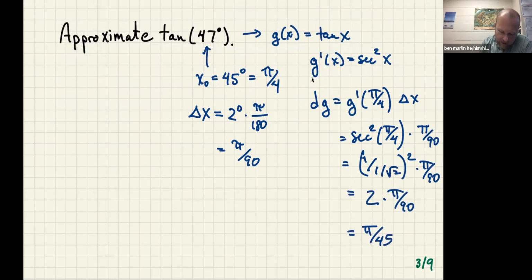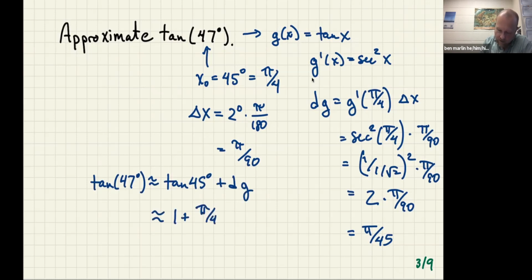But now we say tangent of 47 degrees is approximately the tangent of 45 degrees plus this dg. So the tangent of 45 degrees is 1 plus this pi over 45. And if you'd like an approximation, it'll take me just a second here, I get 1.0698.